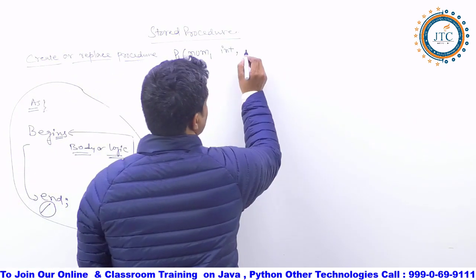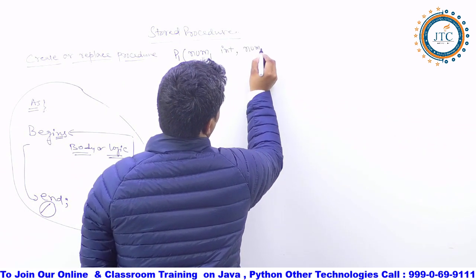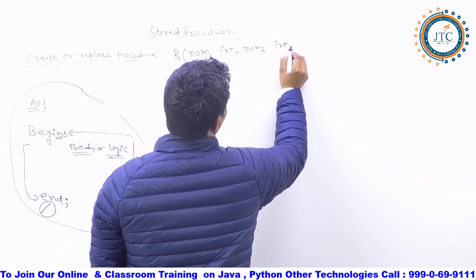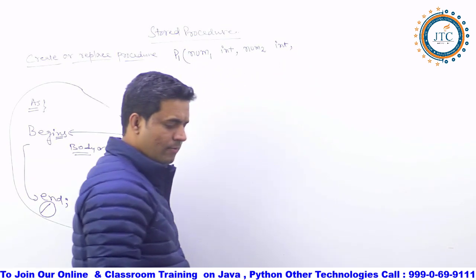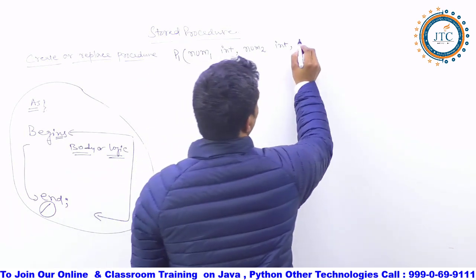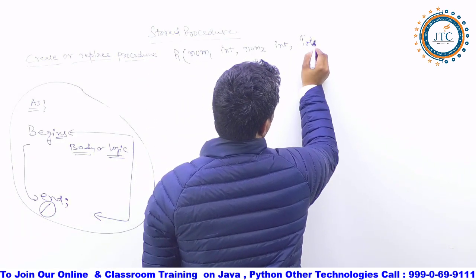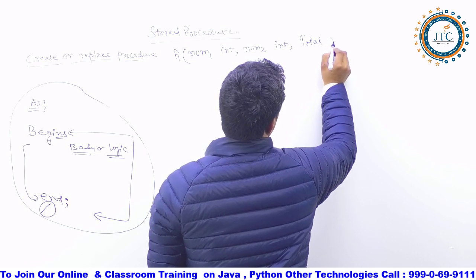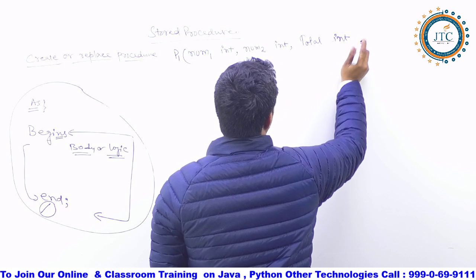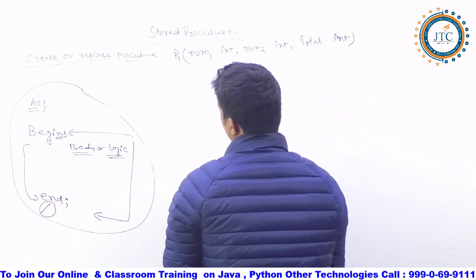Again in this case, num2 int I am writing here, correct? And one more thing I am writing, total, which is again int. Understand this point here.